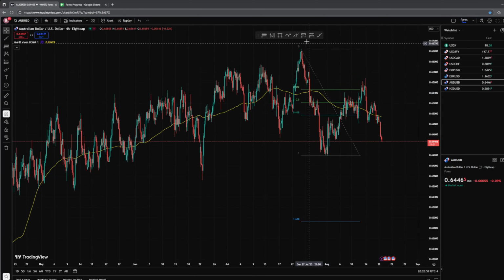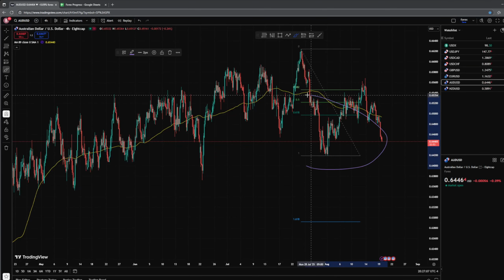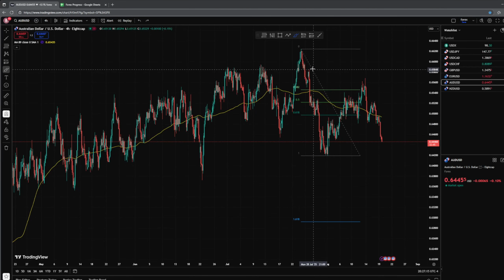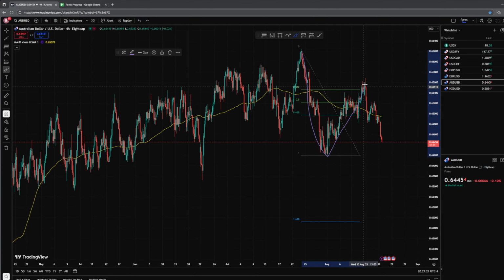Okay, Aussie. So here the majority of the candles are hanging out below the yellow moving average line. Trend is down, and USD is getting stronger against Aussie, right? So we have down leg, retracement.